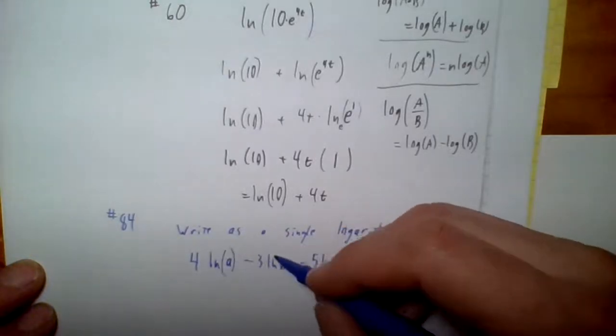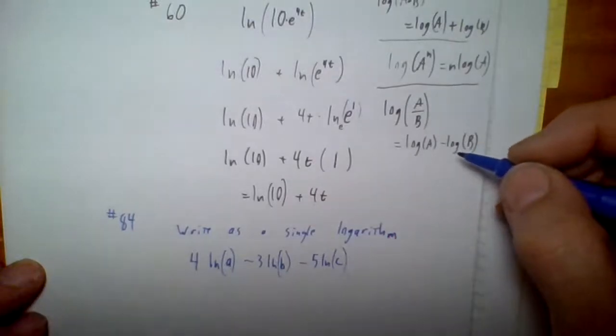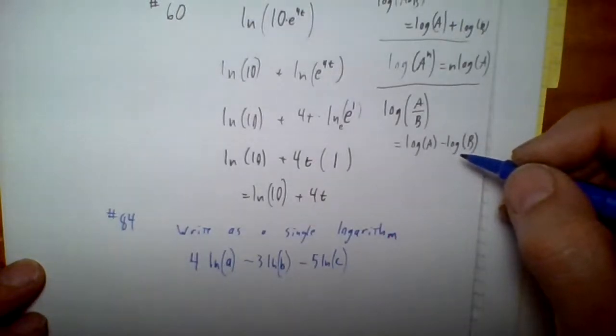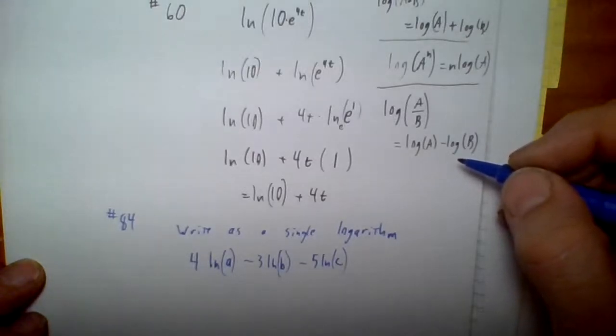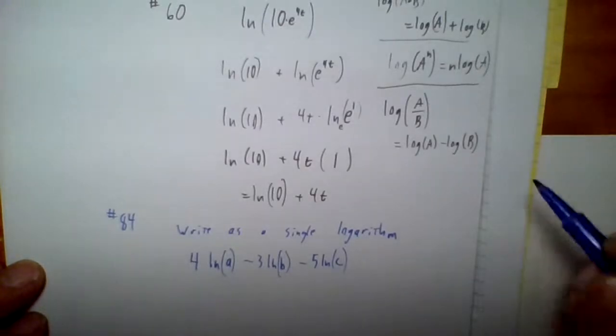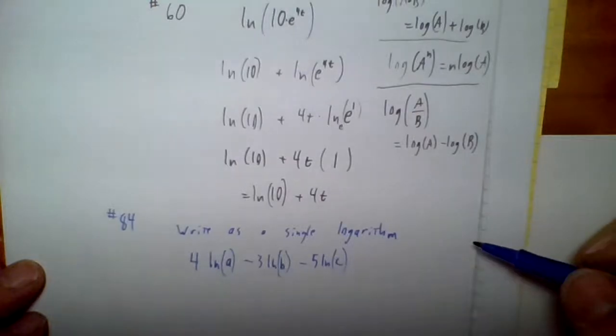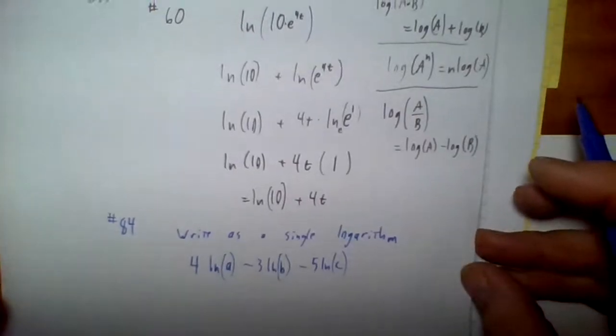It's the input into the natural log. These are all inputs into that function. It doesn't make any sense to write ln unless we have something that we're doing the natural log of. So it's got to have an input. I'm going to write it that way so I can keep track of that. But I want a single logarithm, so I just want one ln instead of all these separate pieces. And we're going to use these same properties to do that.